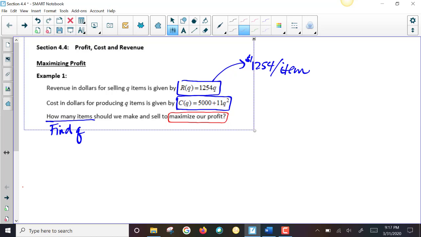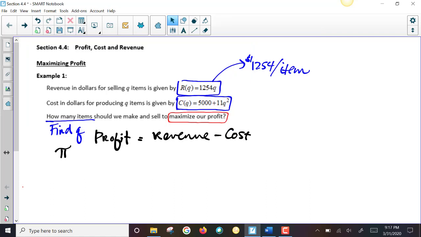Okay, so profit function. Remember we use pi for profit. And what do we remember? We remember that profit is revenue minus cost. All right, and we use the letter pi, or the symbol pi, I should say, to count for profit.